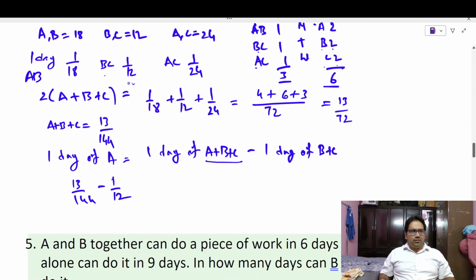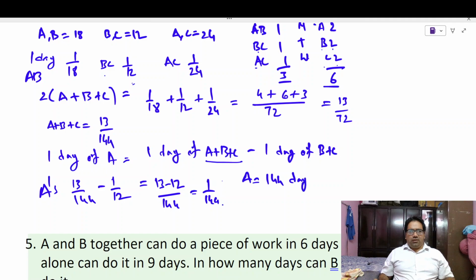That is this. Right? B and C in 1 day will complete 1 by 12 of work. This is equal to 13 minus 12 by 144. This is 1 by 144. This is A's productivity. That means in 1 day, 1 by 144th work A is able to complete. That means A completes the work in 144 days. A alone would complete in 144 days.